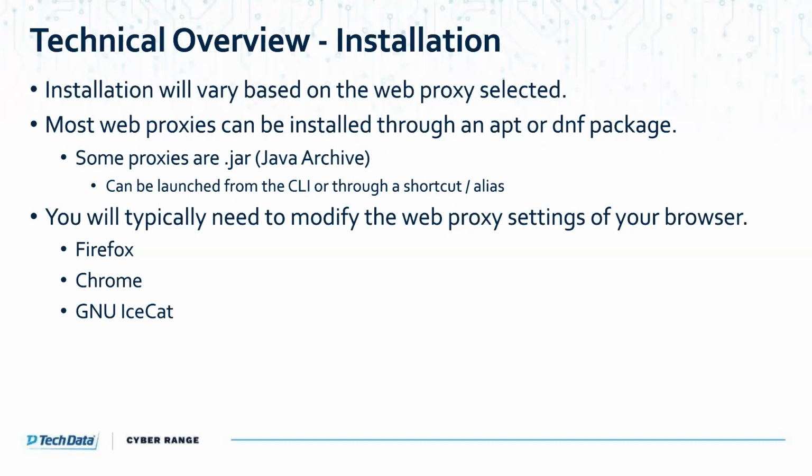There are differences, some privacy-centric stuff there, but this is just to show you that you can use any of the web proxy software with many different web browsers that are available. It all comes down to how you set it up.